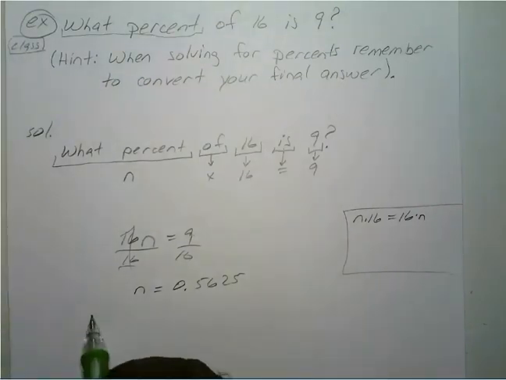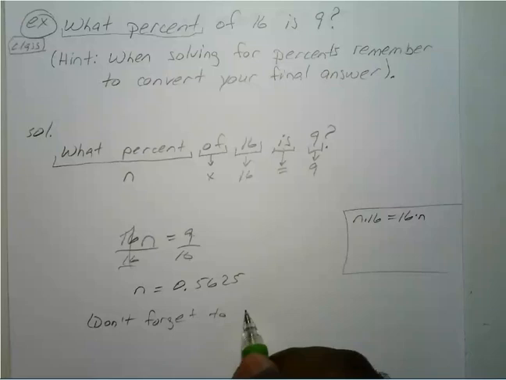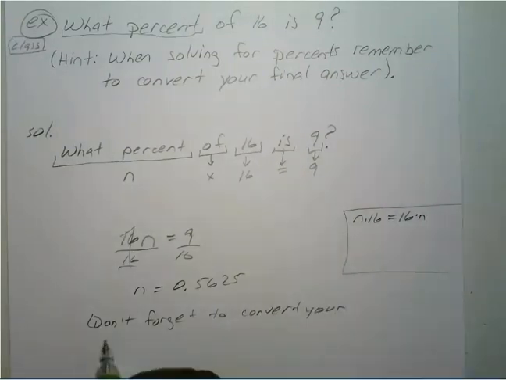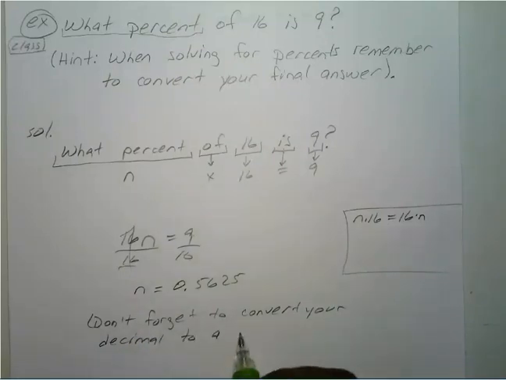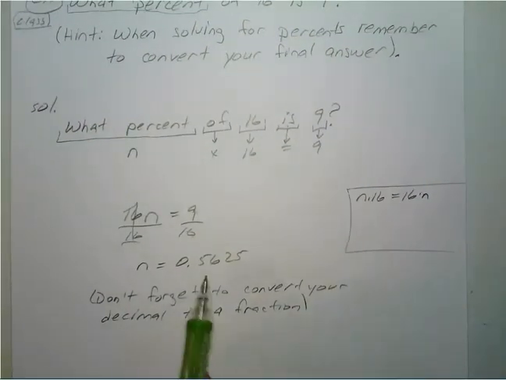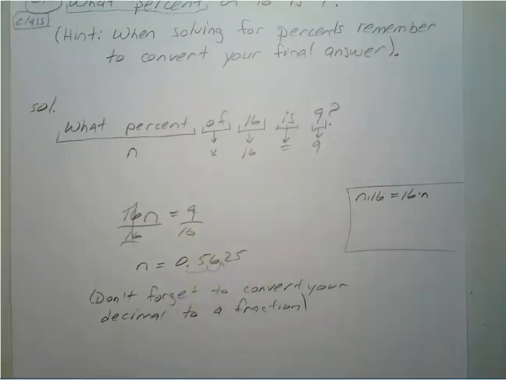Okay. So don't forget to convert your decimal to a percent. All right, so to convert your decimal to a percent, you're just going to move the decimal point 2 places. So 1, 2.